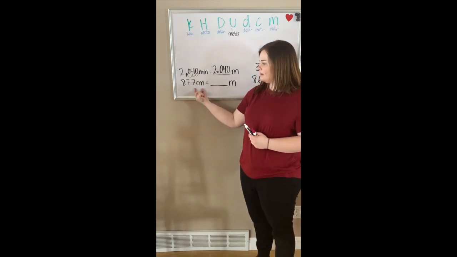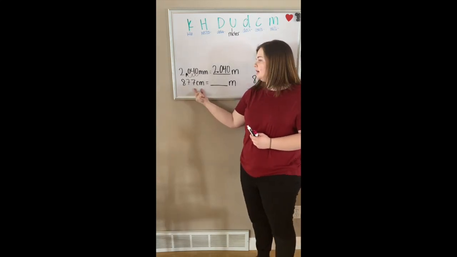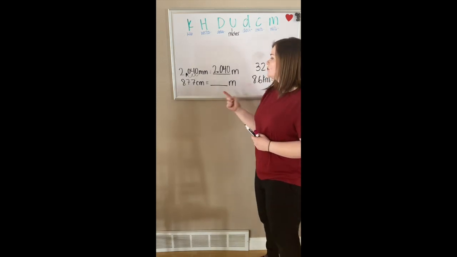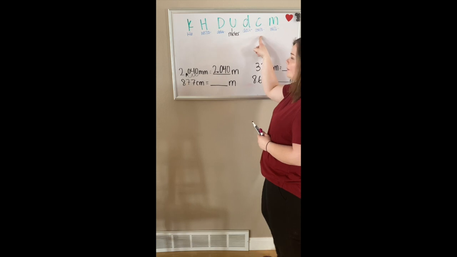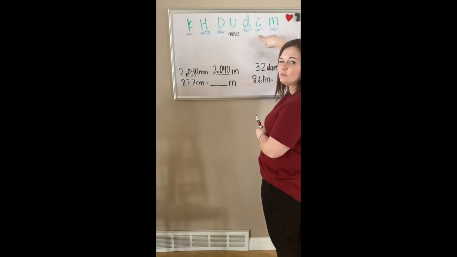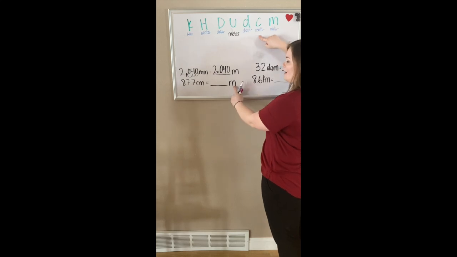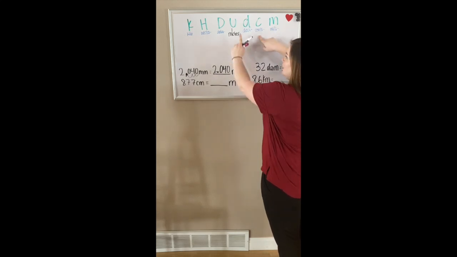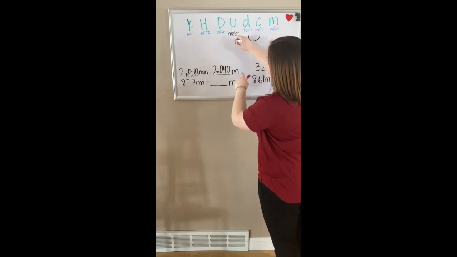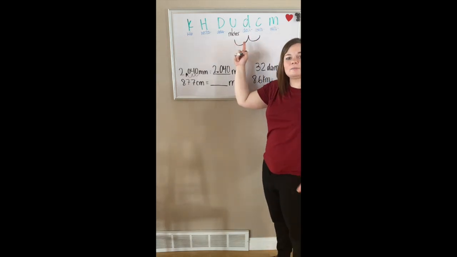877 centimeters, because cm stands for centimeters, equals how many, just an m, which is meters, okay? So I'm going to go to centimeters on my chart, and I'm going to say, okay, which direction do I need to go, and how many whoop-de-whoops do I need to make to get back to just my unit, or m? Okay, so I start at centi, and I go whoop, whoop. It took me 2 to get back to my base.